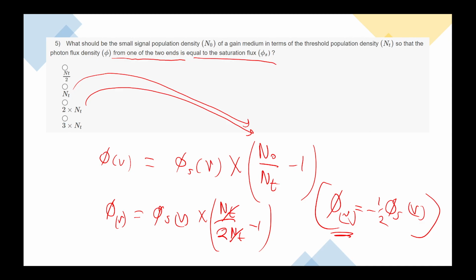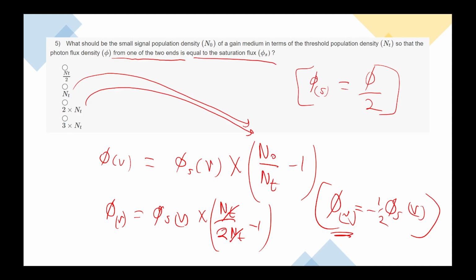We should get that the photon flux density emitted from one of the cavity ends is half. So whatever the phi s is, the saturation flux should be half. This condition we should get.